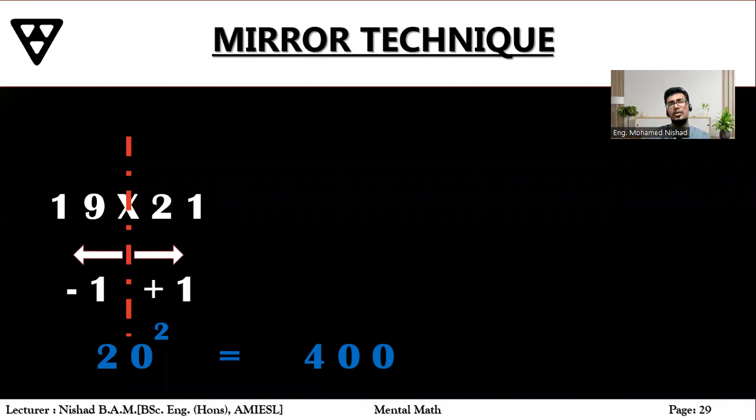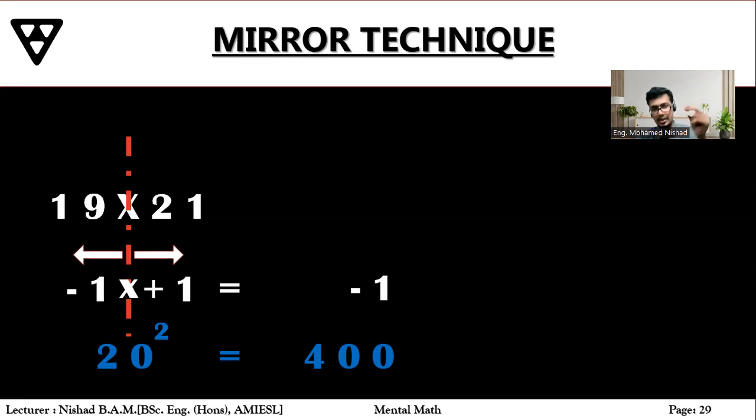I will explain with another example so that you will come to know that technique. So now it will be very easy. We know that 20 square will be 400, right? Now we have to multiply those two numbers, -1 and +1. After multiplying them, the answer will be -1.